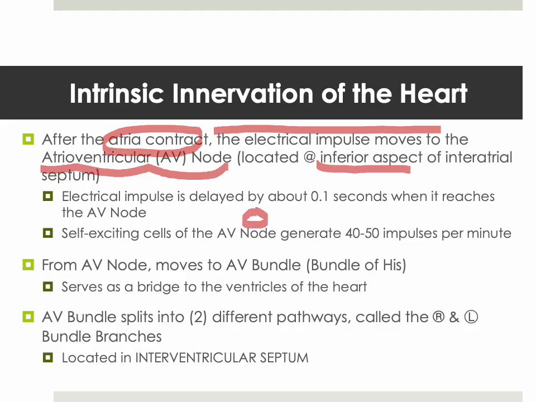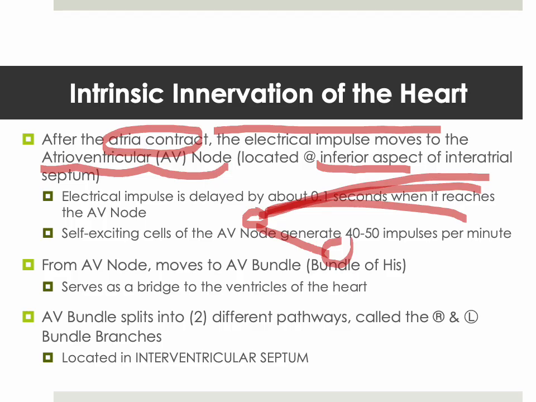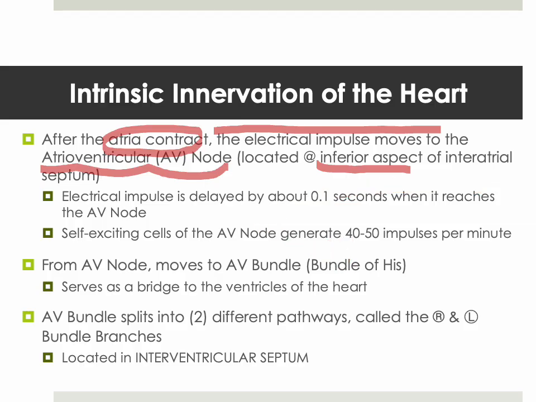Okay, so if the first one, the SA node, was located superior and right of the atrium, this one is closer to the wall that divides both atria, right? So it's going to be here, and of course it's going to be connected this way. And these branches go to the left atrium. This piece goes to the AV node, okay? Let me just erase this.